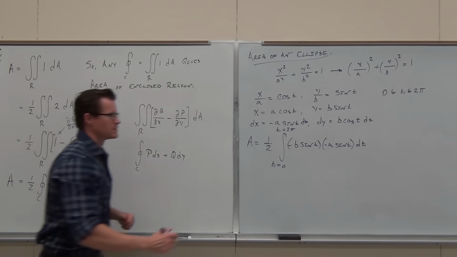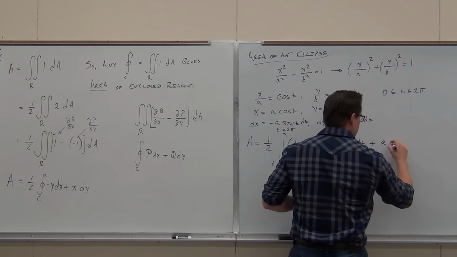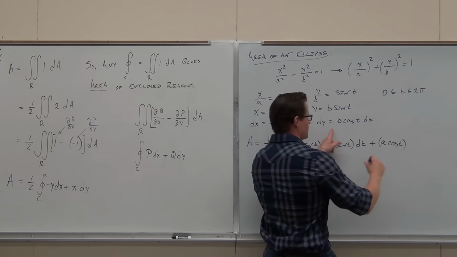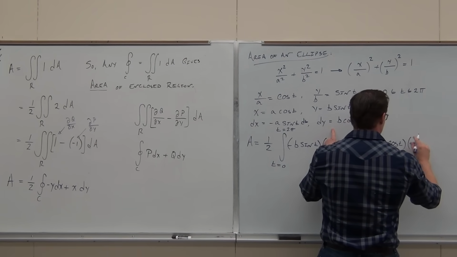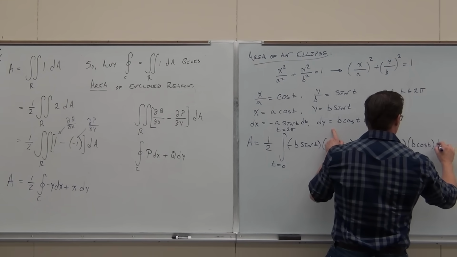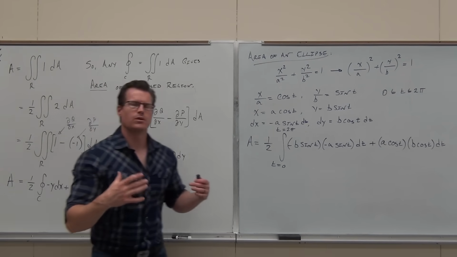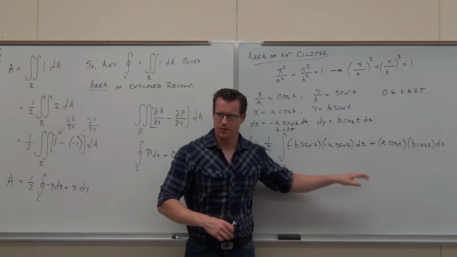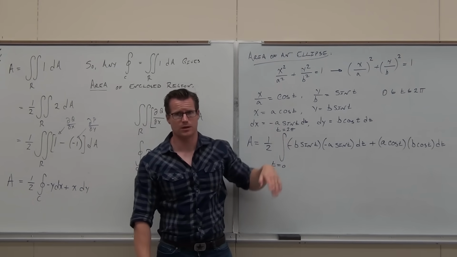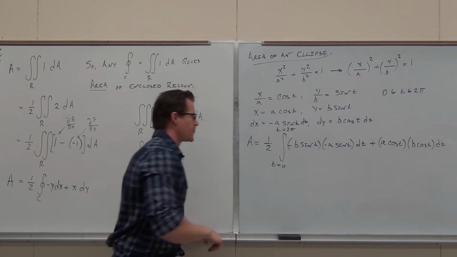We have a plus. We have an x. Then we have a dy. I want to make sure that you're okay with this. Do you see that this right here is this formula as reparameterized for our ellipse? Show of hands if you do. You see that? Okay, so let's finish it up.